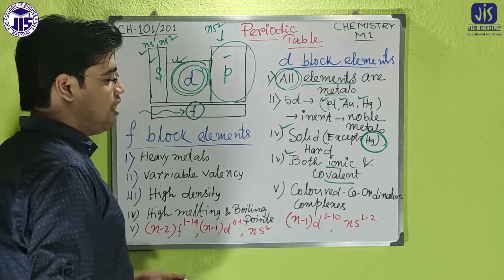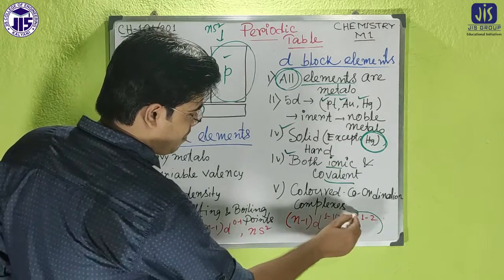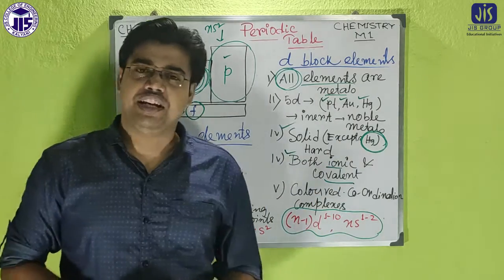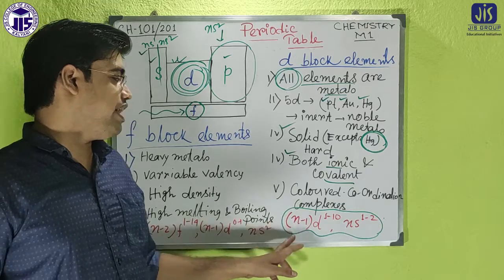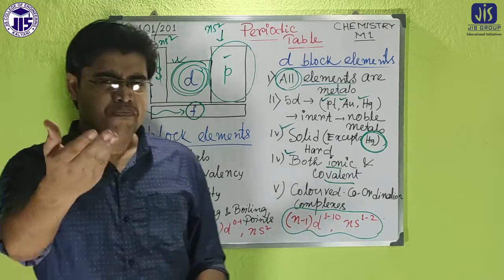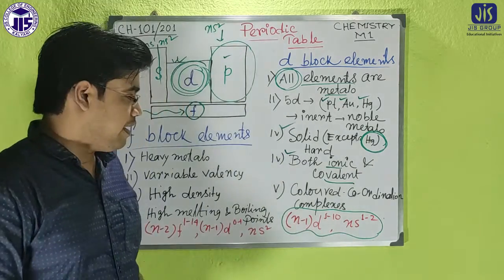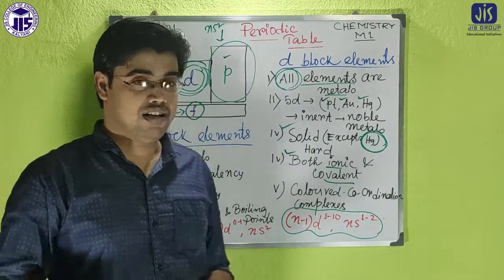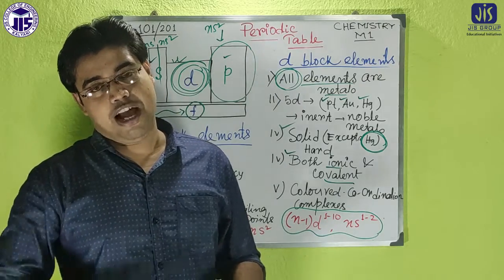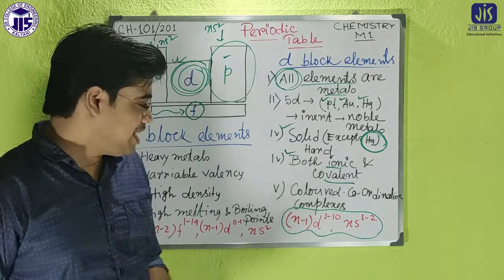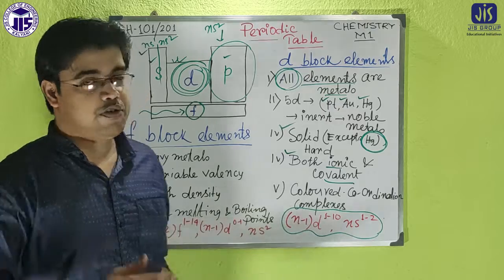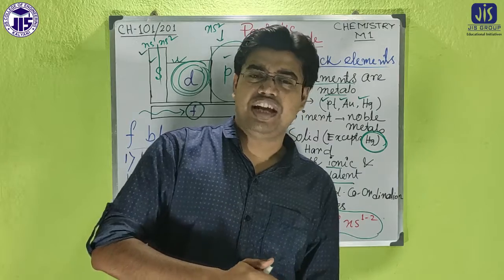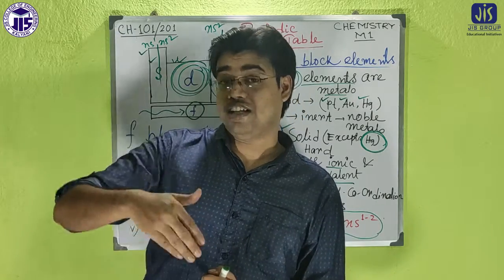Like the other cases, you have to keep in mind the general electronic configuration for the d block elements, that is (n-1)d1 to 10. According to the principle we discussed in the last class on atomic structure, starting from 3d, it should be that 3d comes first and then 4s.